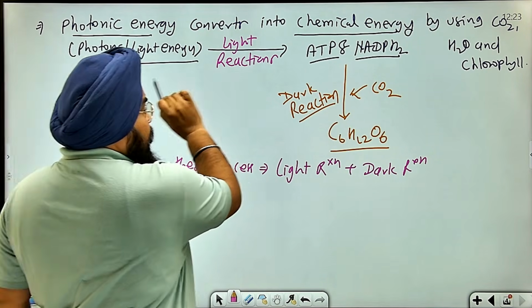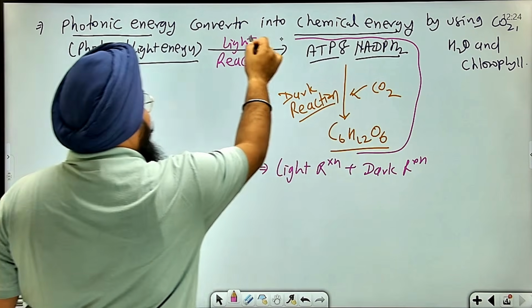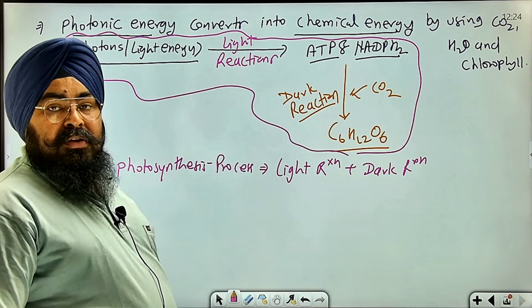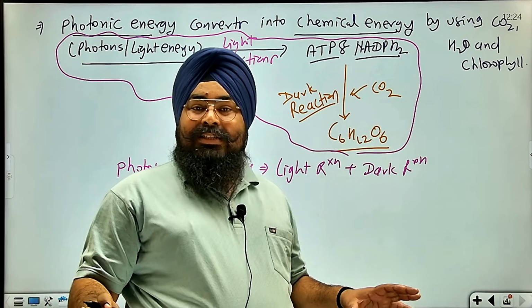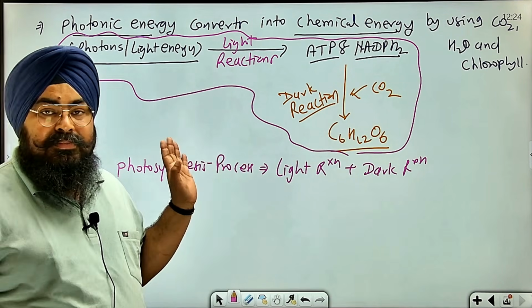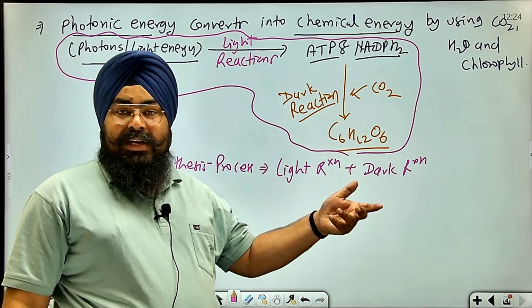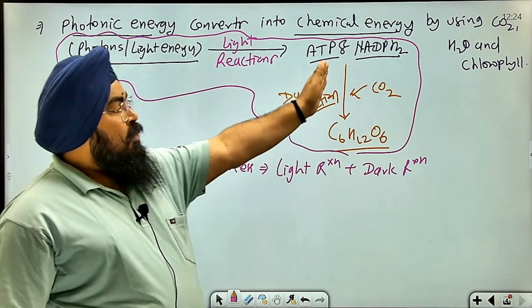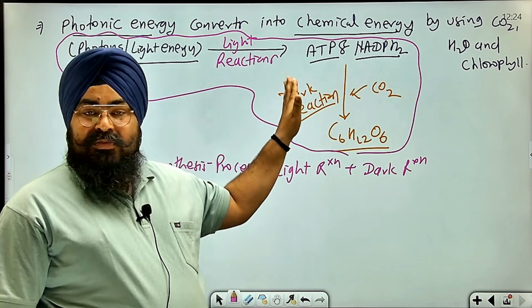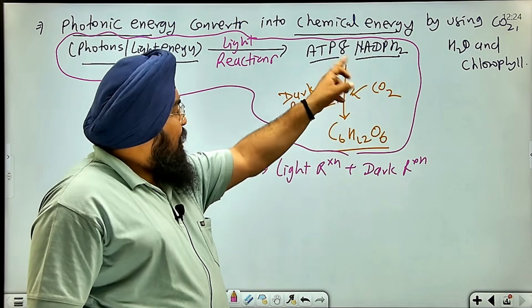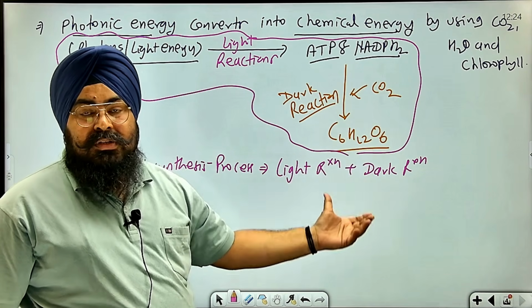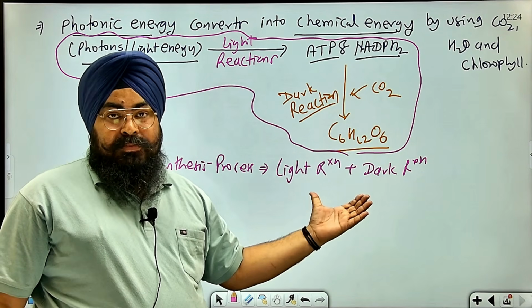So this is the latest definition of photosynthesis to understand the process. All reference books and our NCERT chapter are based on this definition: photonic energy, or light energy, converts into chemical energy. First, sunlight converts into ATP and NADPH2 by the help of the light reactions. Then ATP and NADPH2 are used in the dark reaction to produce glucose, or food.